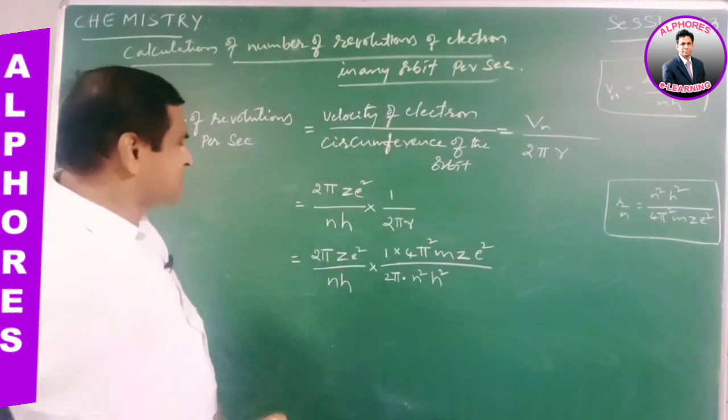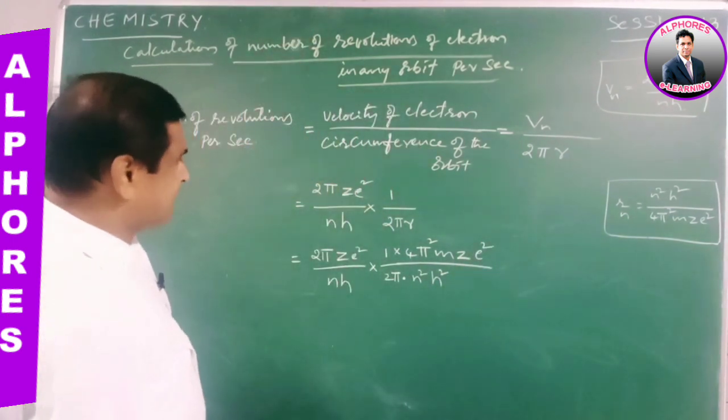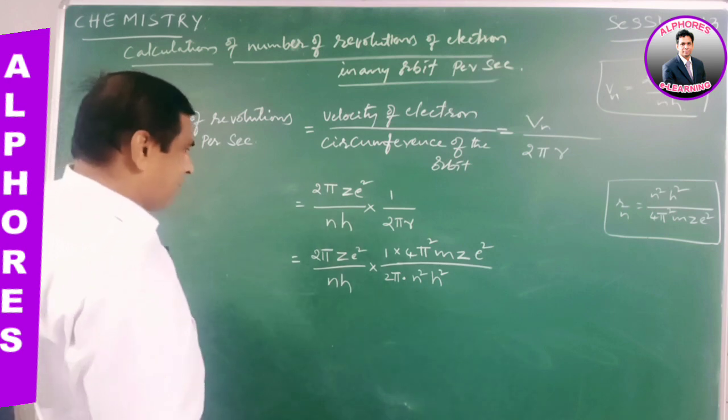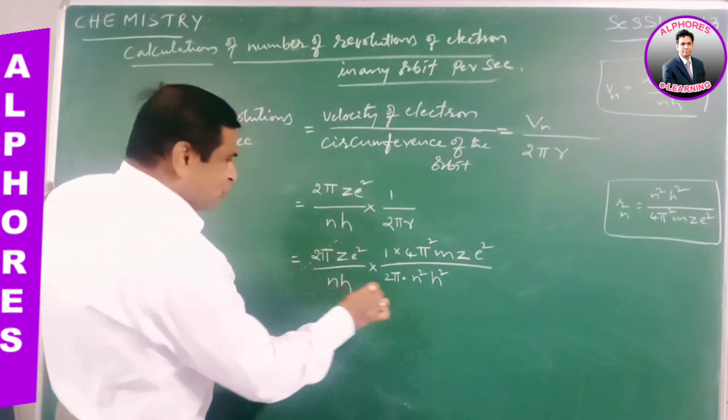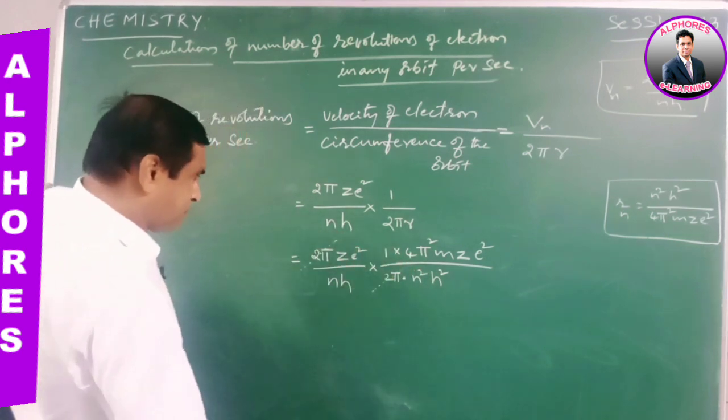Now let us cancel the similar terms on the opposite sides. For example, 2π is cancelled.